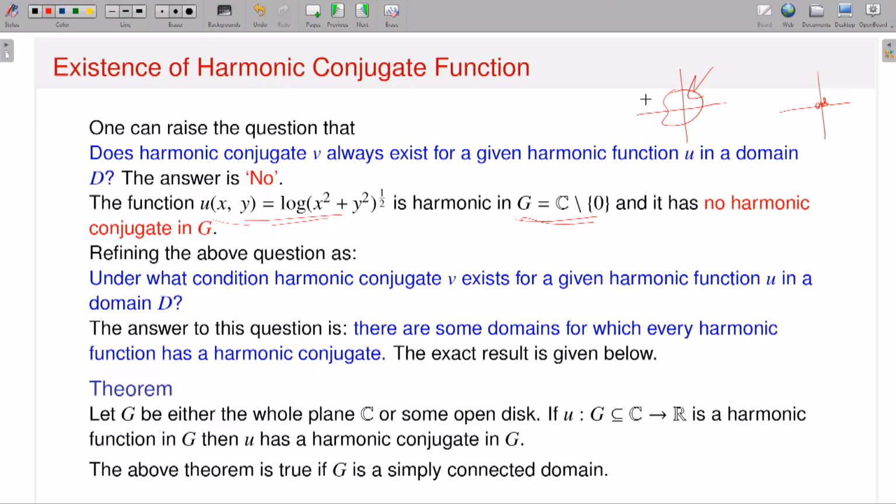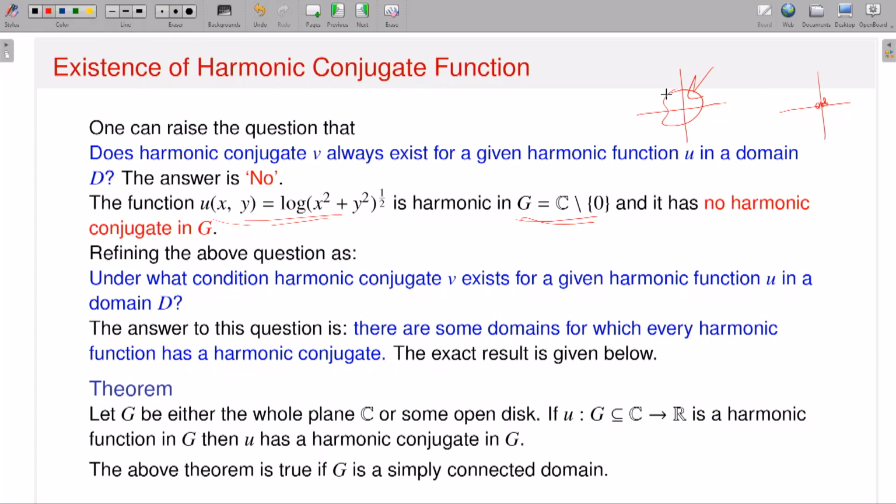Either squeeze or deform, whichever term you use, simply connected domain means that if I take a simple closed contour and deform it to a point without leaving my domain D, then you can say that the domain is simply connected.